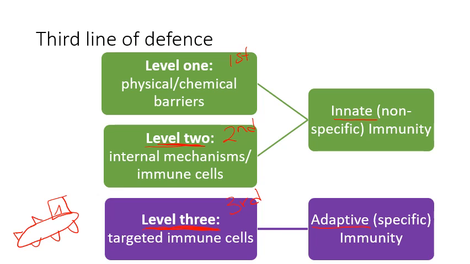If it doesn't have it, then your body doesn't care about it. Or sorry, those specific things of the third line of defense don't care about it. They will only be looking for anything that has that specific triangular shaped antigen, because that specific antigen has triggered your third line of defense to come into play.